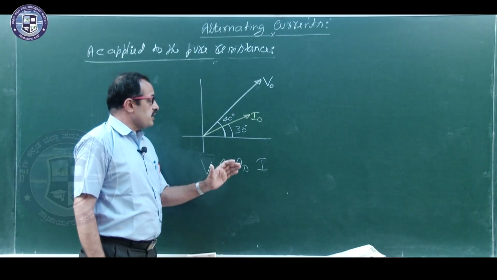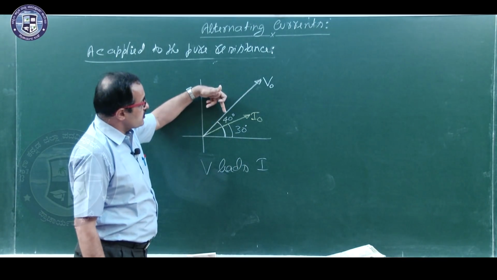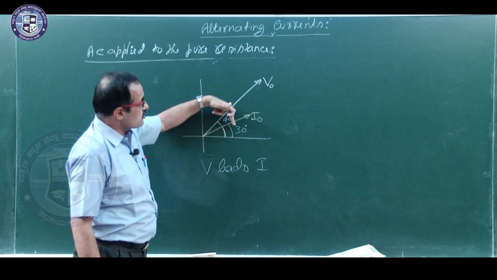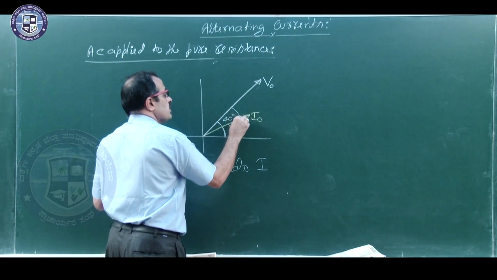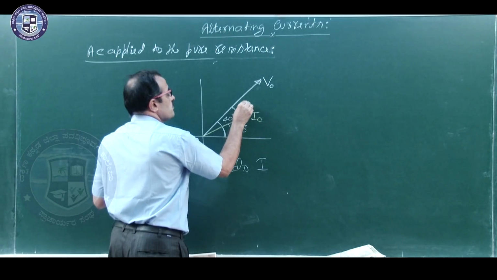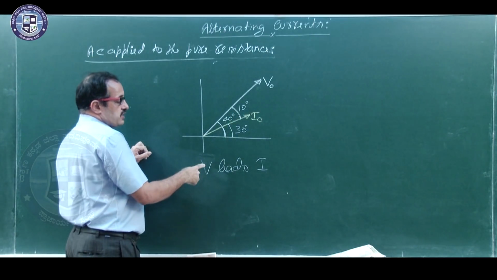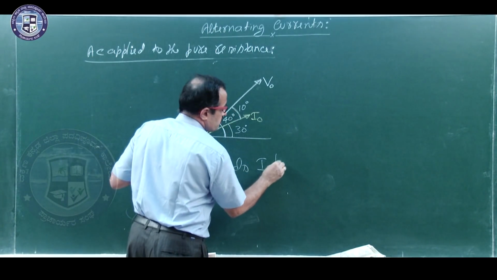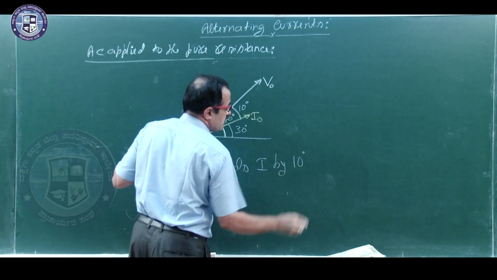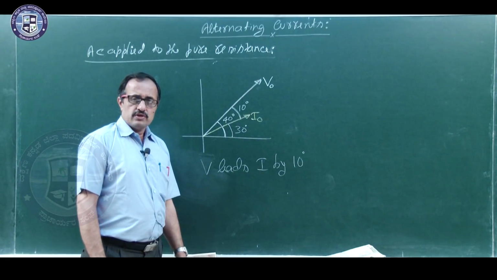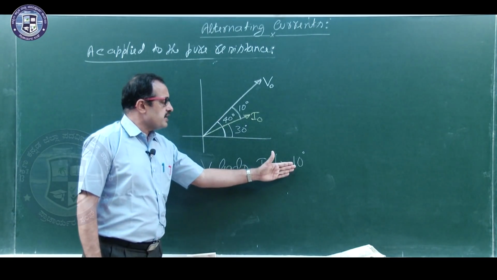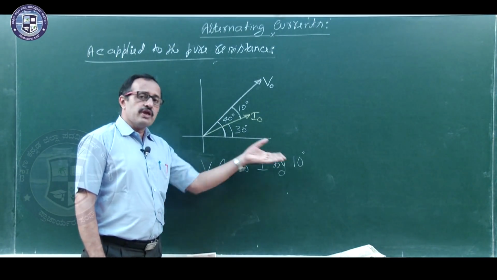V leads I, because voltage has a higher phase angle, 40 degrees, and current has a smaller phase angle, 30 degrees. What is the difference? Is it not 10 degrees? So, we can say V leads I by 10 degrees, or you can express that in radians also, but to make it simple I am writing in degrees.